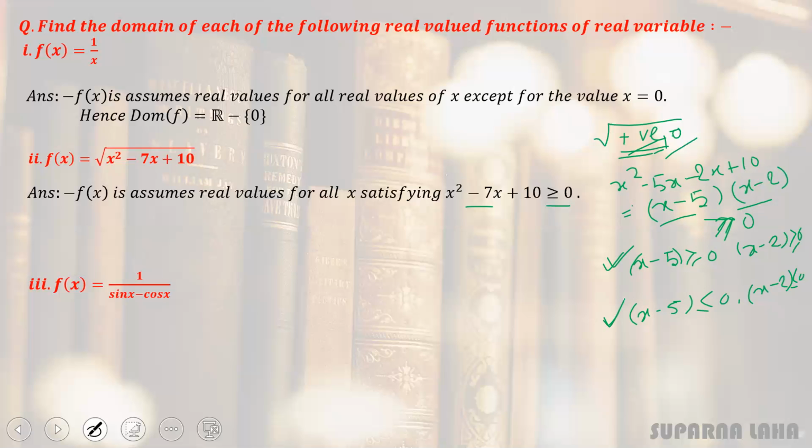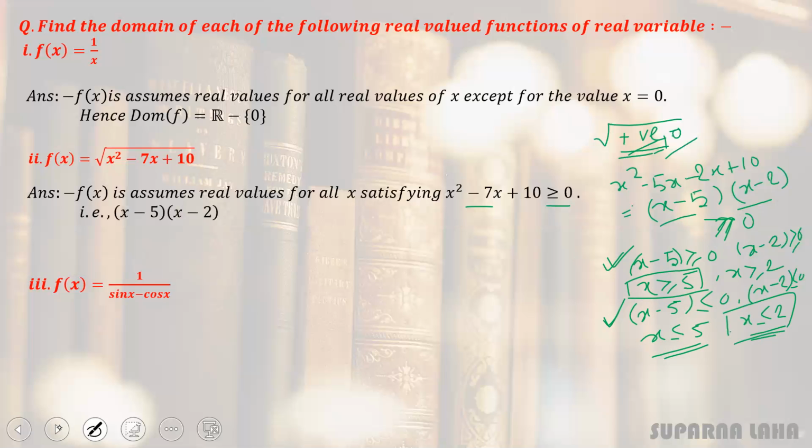So now check the first case. So x is greater than or equal to 5 and here x is greater than or equal to 2. That means, if we combine these two conditions, x is greater than or equal to 5. And in the other case, x is less than or equal to 5 and x is less than or equal to 2. So x is less than or equal to 2.